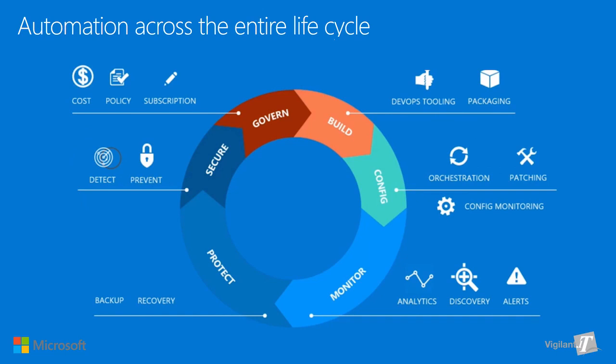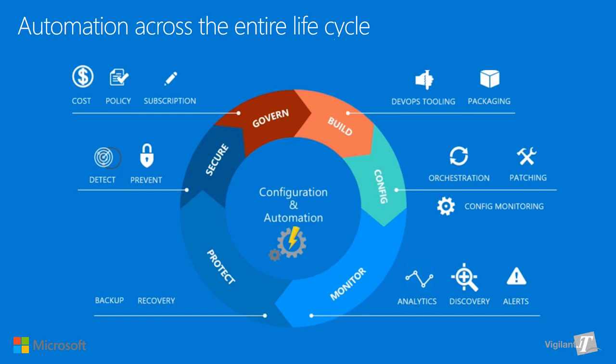If we take a look at the life cycle of your infrastructure and applications, from building and configuring, monitoring and protecting, to security and governance, the automation and configuration piece is a major contributor through the entire life cycle. During the building and configuring phase, it ensures consistency across your systems, along with ensuring they are correctly integrating with other systems.